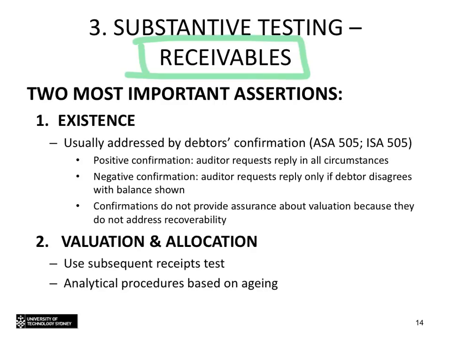And here I'm going to talk about something that's a little bit weird. The first issue is, is the debt real? And that's because fake customers is a great way to hide fraudulent sales. Create a fake customer and you can go debit accounts receivable, credit sale.